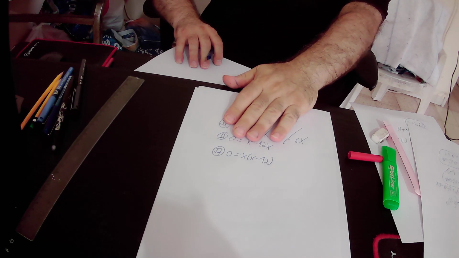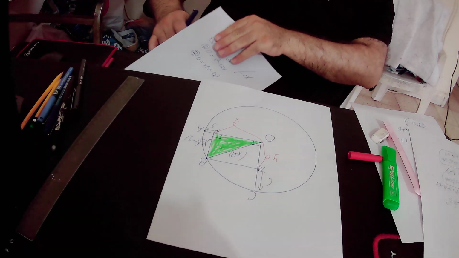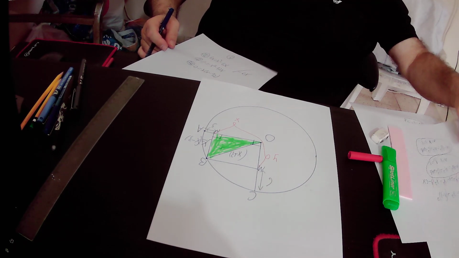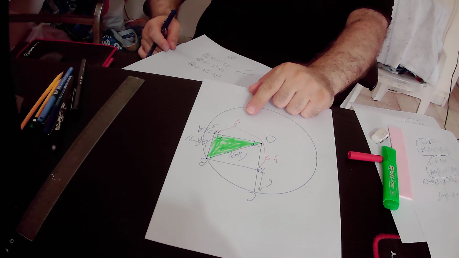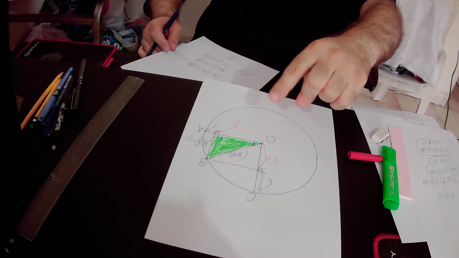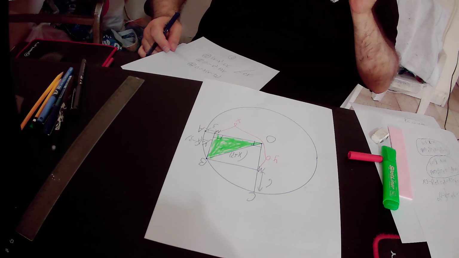So for this equation we have two solutions. The first solution is x equals 0, but x equals 0 is impossible because it is not a correct solution, because x can never be 0. X is the side of this triangle and is also the side of the rectangle, so it must be a positive number.